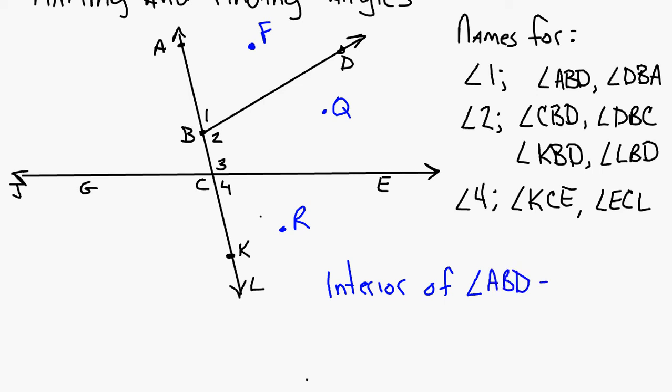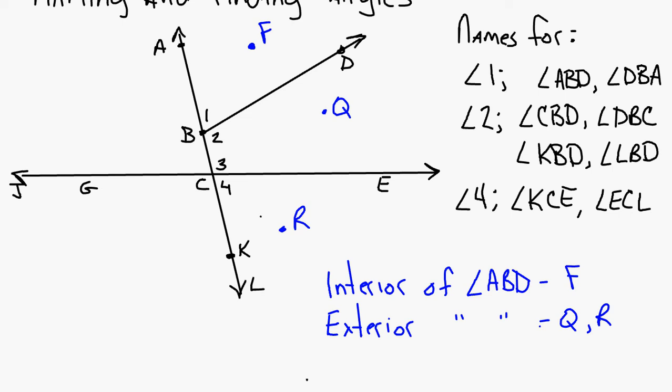What's a point on the interior of angle ABD? Yes. Point F. Good. How about exterior of angle ABD? Somebody give me one. Casey. Q. Good. What else? R. Good. Point R.